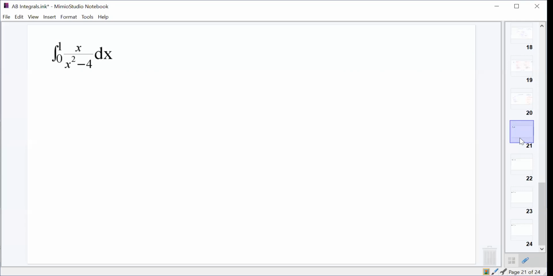A u-substitution. Thank you. I was just about to start going back through every other slide. So what do we want u to be? x squared minus 4. Okay. What will that make du? 2x dx. So do I have a 2x dx to get rid of?